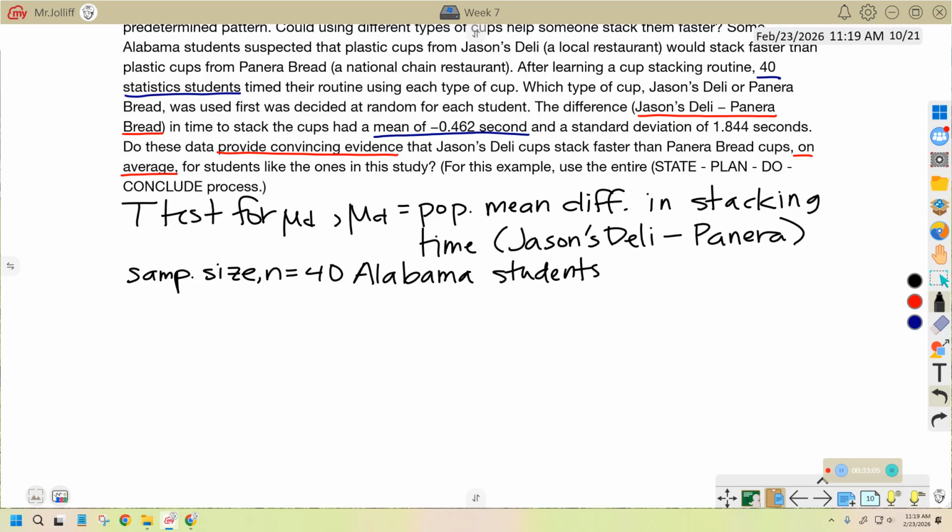Yeah, so that is a sample mean. And what is the symbol for sample mean? X bar, very good, Will. X bar equals negative 0.462 seconds. I keep reading. Standard deviation of 1.844 seconds. It was tied to my sample mean, so that must be a sample standard deviation.